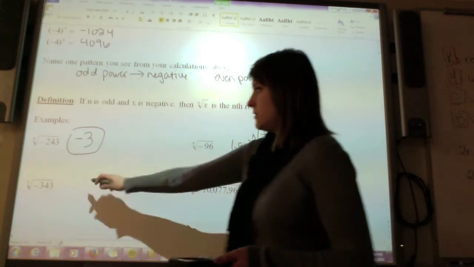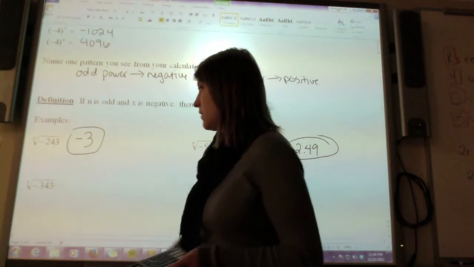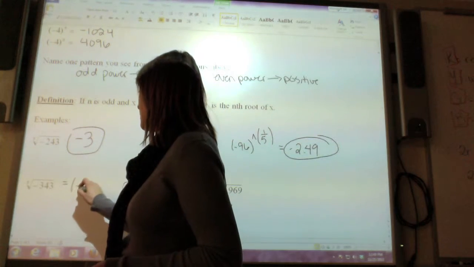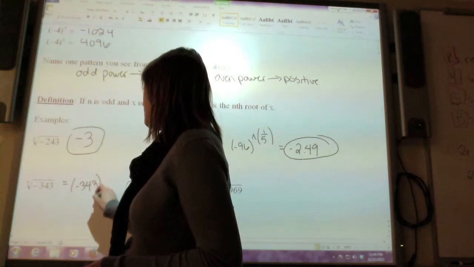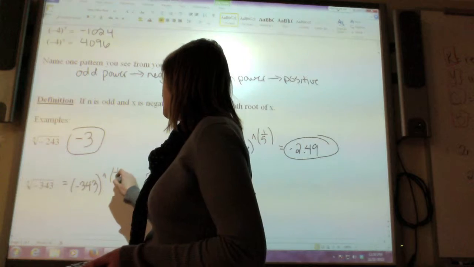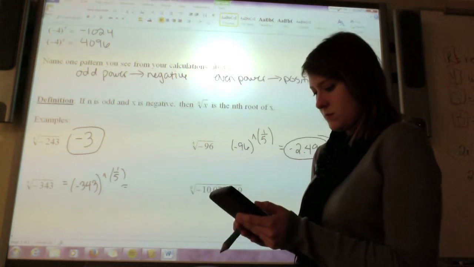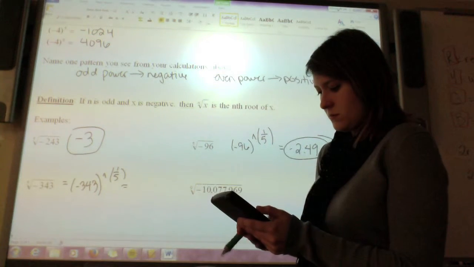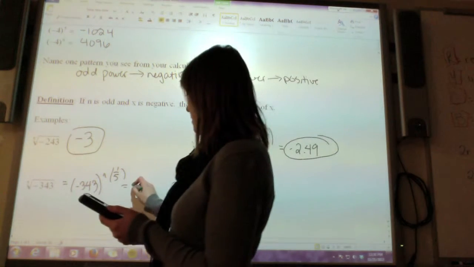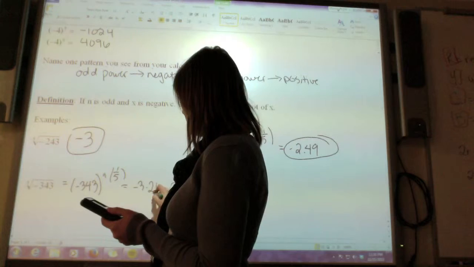Down here, if I want to find the fifth root of negative 343, I can type in negative 343 to the 1/5. And I get negative 3.21.